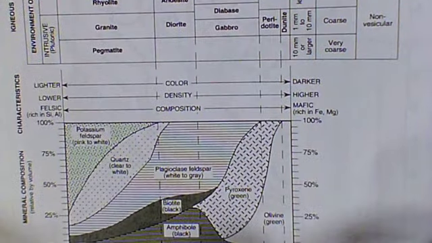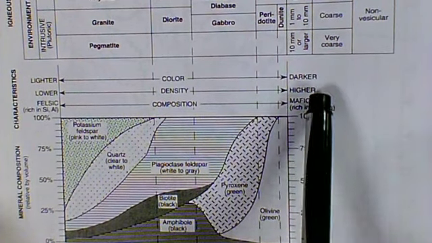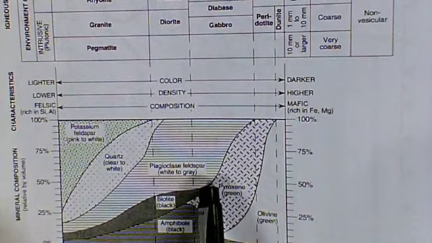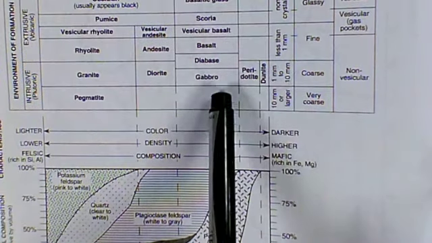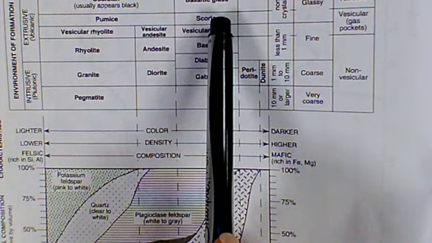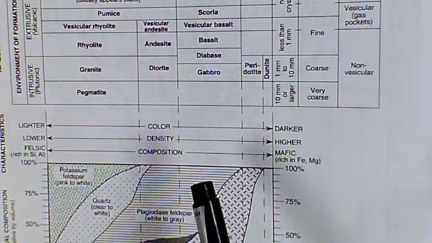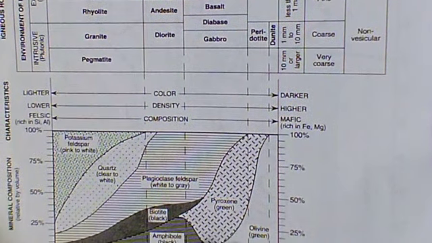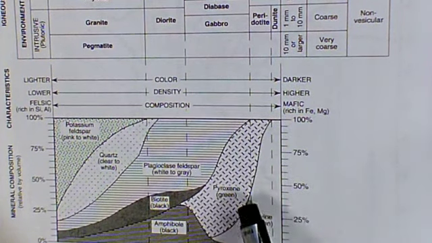If we go over to this side, we have the mafic side, which is darker and higher density. We go up and we see that these are all the mafic igneous rocks: gabbro, diabase, basalt, scoria, basaltic glass, okay? And I will show you some of these in class. And we see that the mineral composition, why these are so dark, there's some black here from the amphibole.